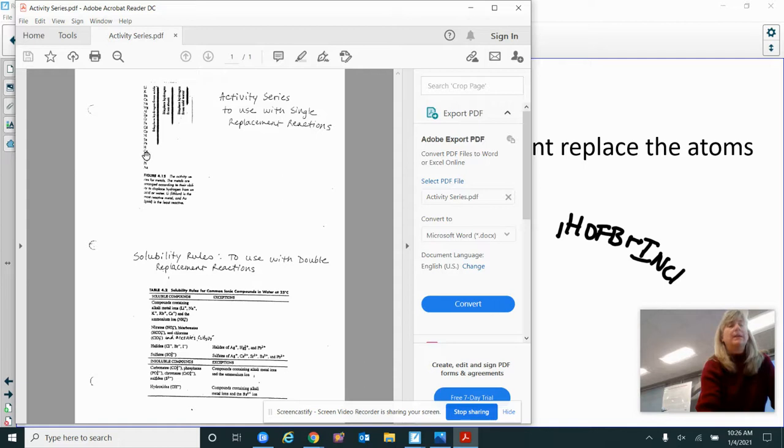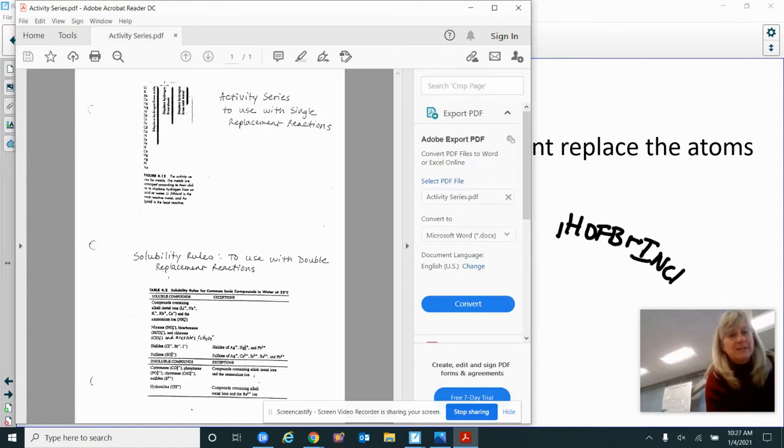Also, a metal can replace hydrogen if it's within these boundaries here. So here, these metals from lithium down to lead can replace hydrogen from acid. For this middle arrow, these metals from lithium down to, I can't see, it's so small, I think that is iron, can replace hydrogen from water.